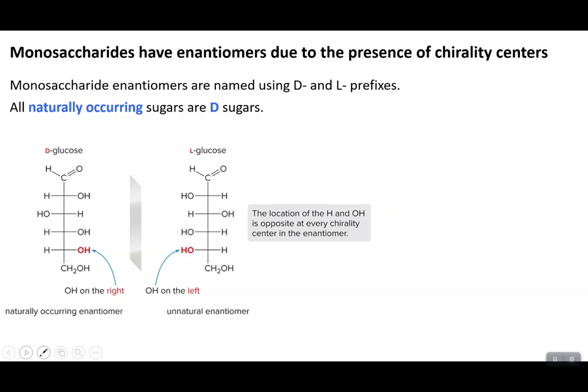Because they have these enantiomers, we have to distinguish when we name them which enantiomer we are talking about. So we are going to use the D or the L prefix to distinguish that. And we're going to see in a minute how to write that. One thing to note is that all naturally occurring sugars or carbohydrates are going to be D carbohydrates. And we'll see in a minute what that means.